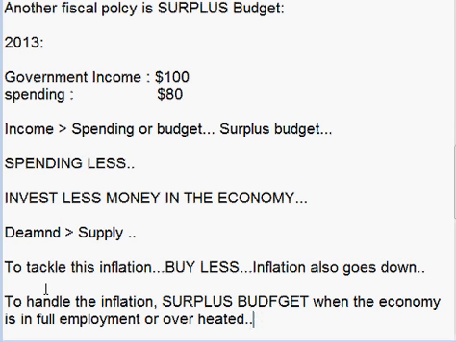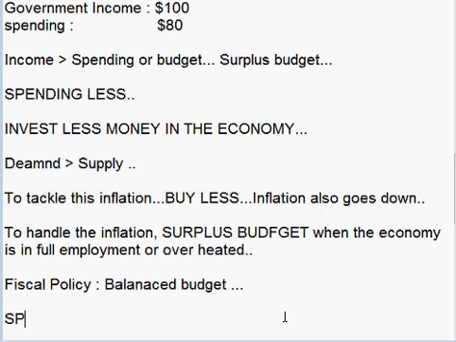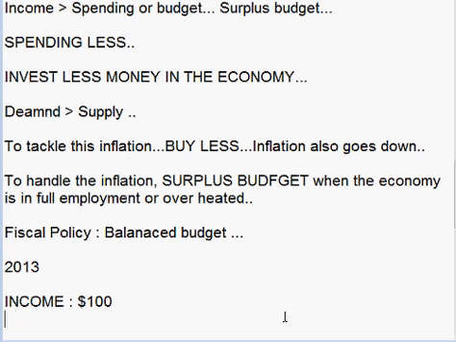Okay, and the final fiscal policy we call the balanced budget. What is called a balanced budget? It means that, suppose for the year 2013, the government targets that its income would be $100 and its spending would also be $100.